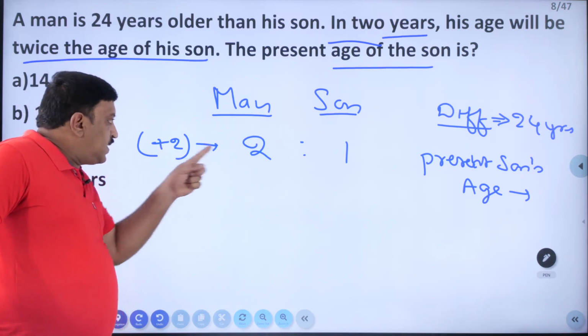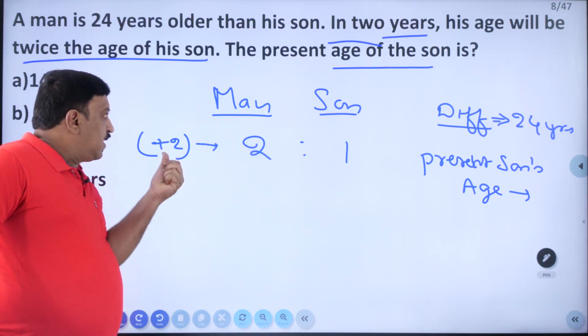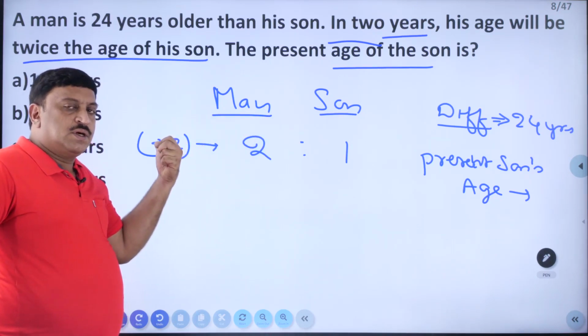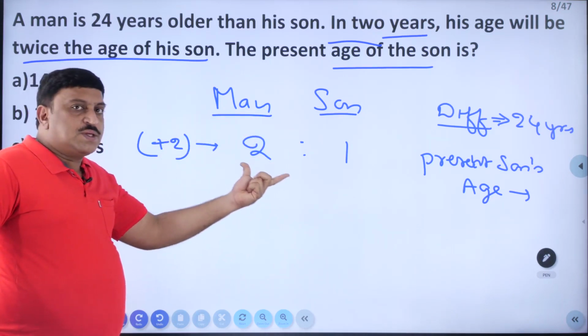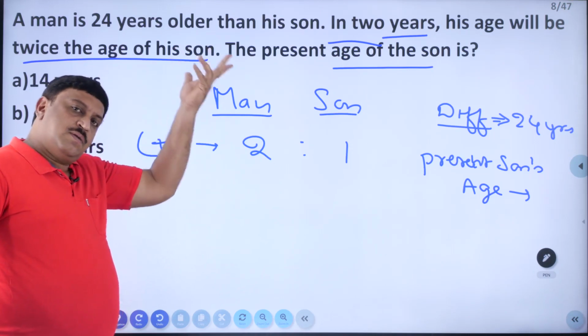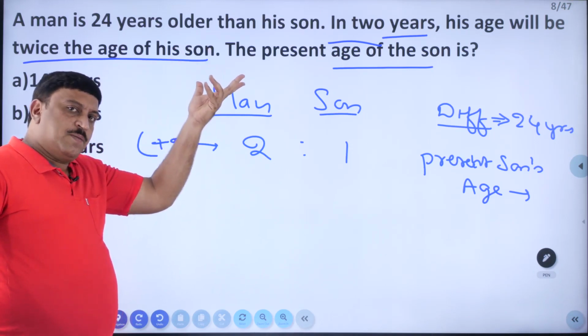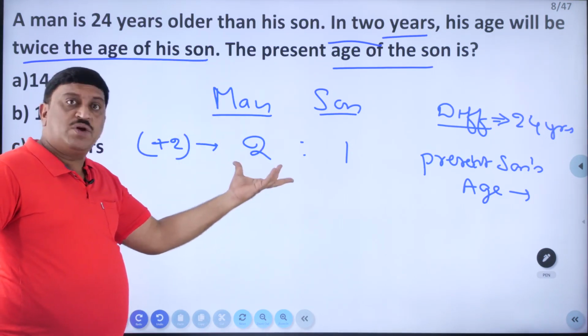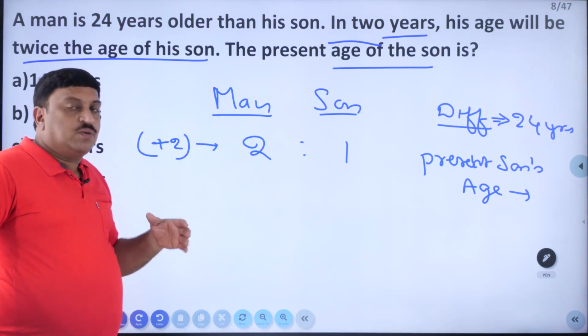Is the information 2 is to 1 regarding the son's present age? No, it is after 2 years. So after 2 years means you will get the information of after 2 years. Then what to do? Let us see.